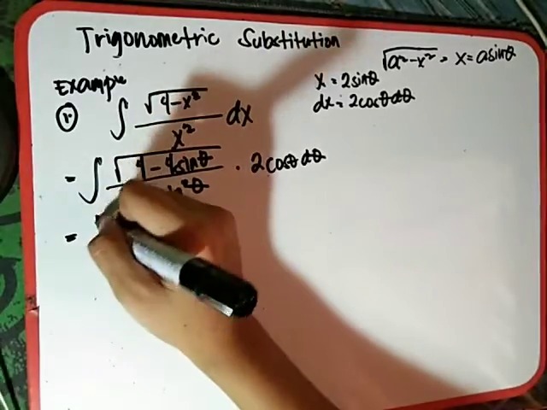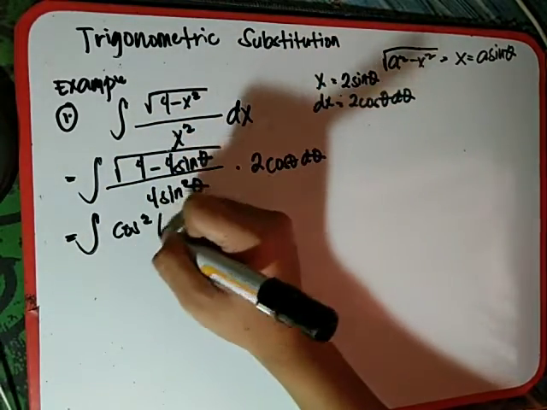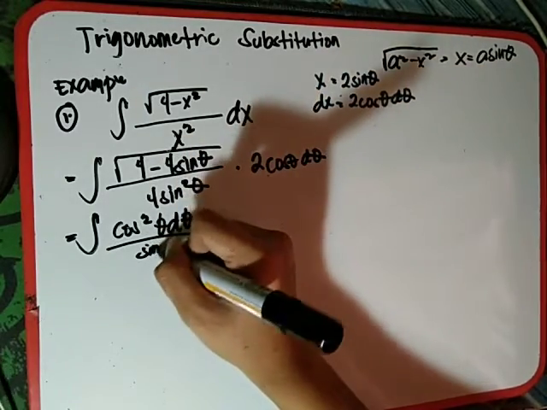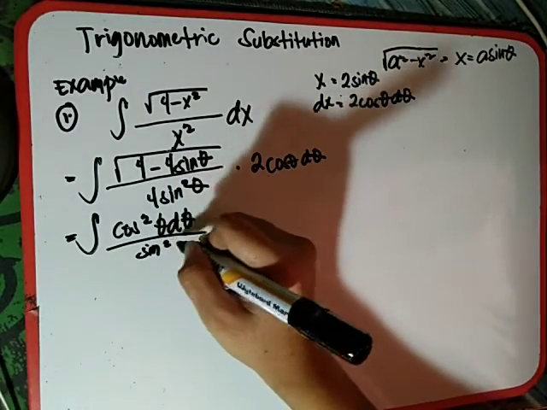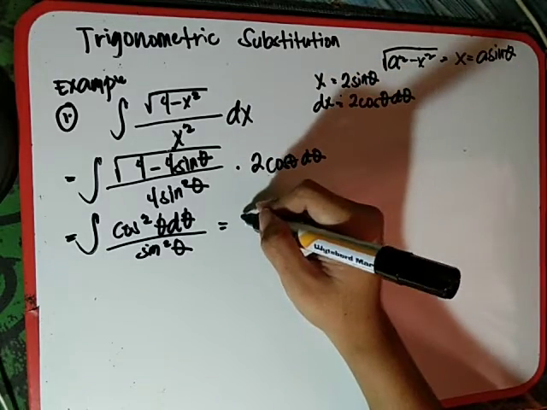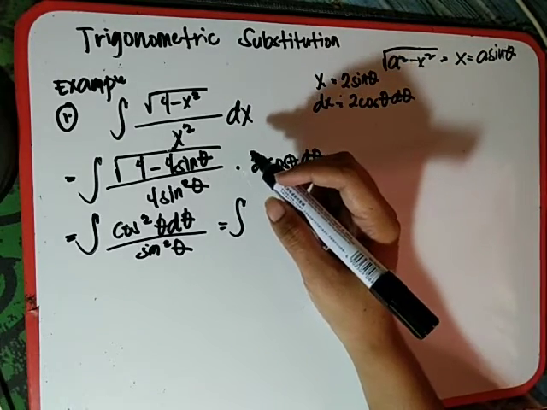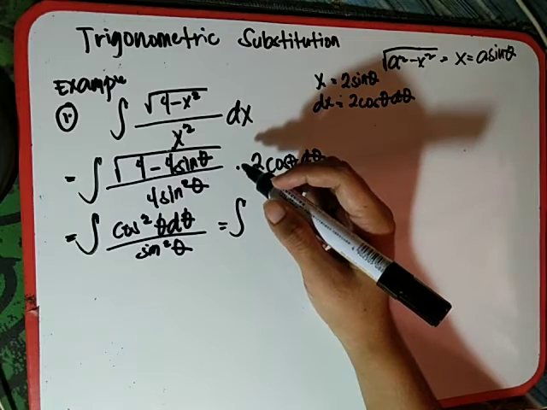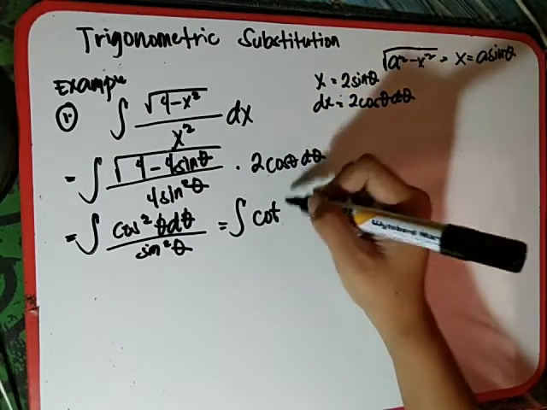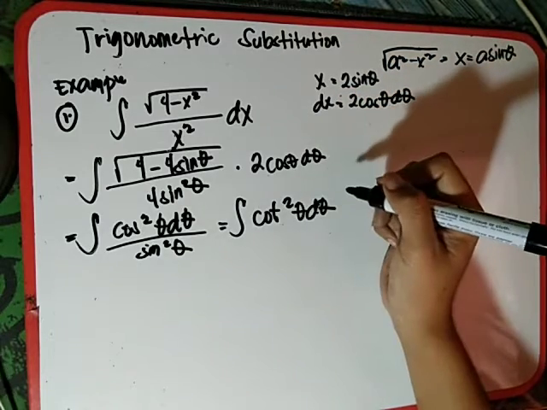Next is the integral of cosine squared theta d theta over sine squared theta. So this is the integral of cotangent squared theta d theta.